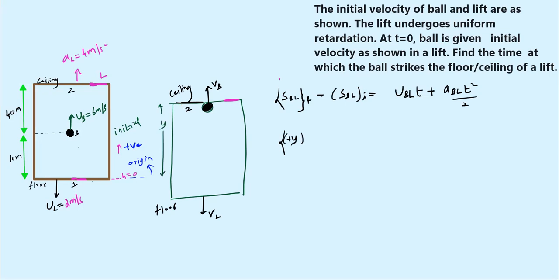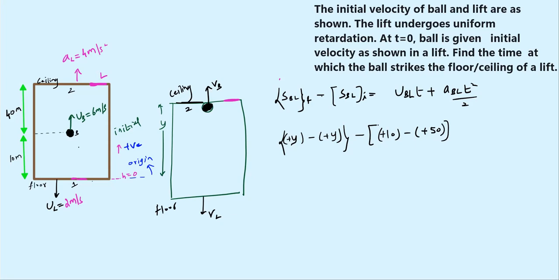Plus y. Both the ball as well as the lift will be at the same position when the ball is striking the ceiling. Then the initial position of the ball plus 10. This will be plus 50.